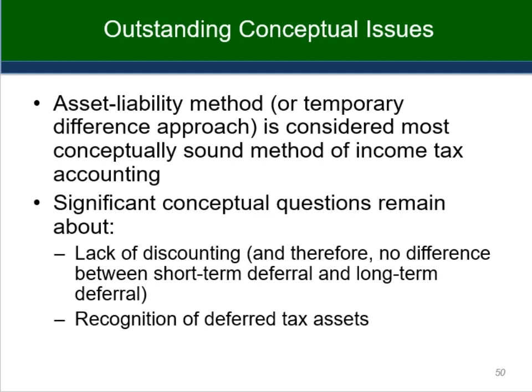So the question is whether or not we actually have a liability in the case of present obligations, or whether we have an asset in terms of present economic resources. We are waiting for future events to make those realizable, so they're not actually obligations and resources as circumstances exist at the moment. So if these new concepts are applied to the asset liability approach to income taxes, it's likely that different recognition and measurement decisions will result as well.